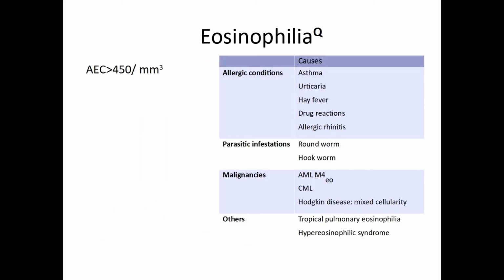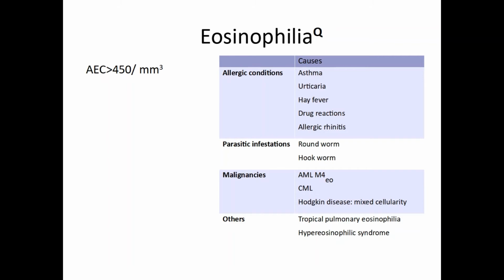Coming to the quantitative abnormalities in the eosinophil count, you have to remember certain causes. This is a very important question for your exams. Absolute eosinophil count of more than 450 or more than 500 cells per cubic millimeter is the definition of eosinophilia. And the causes that cause eosinophilia include allergic conditions such as asthma, urticaria, hay fever, some drug reactions, and allergic rhinitis, parasitic infestations in the intestine, particularly roundworm and hookworm.